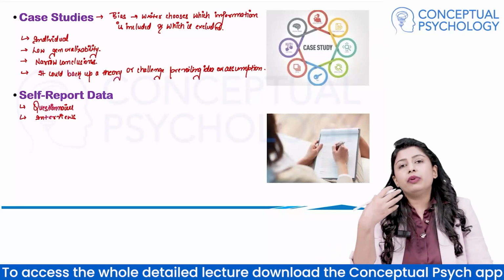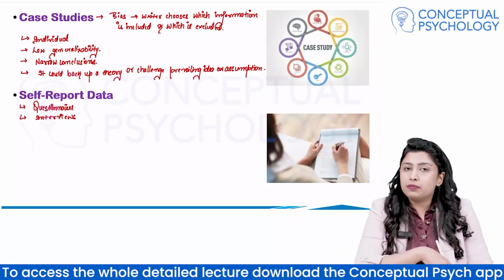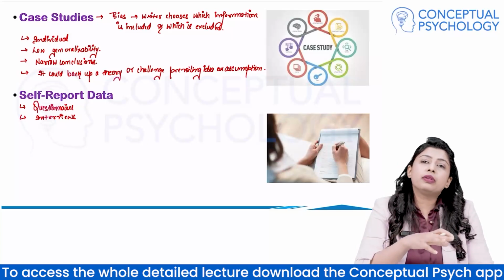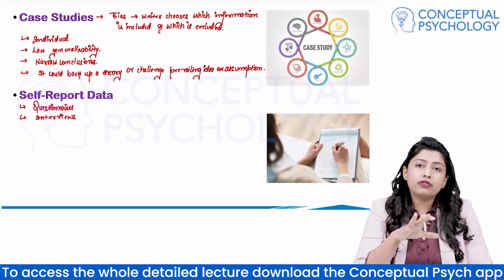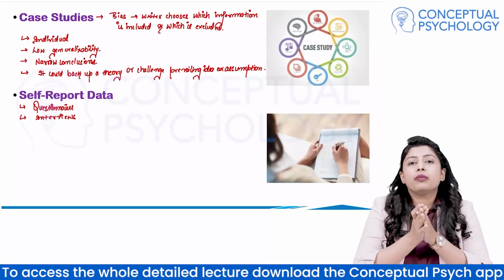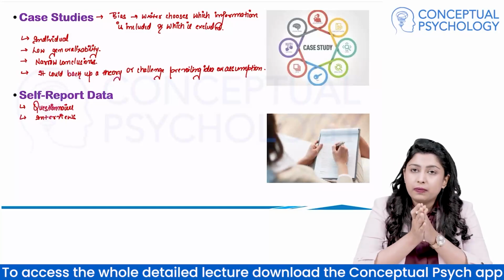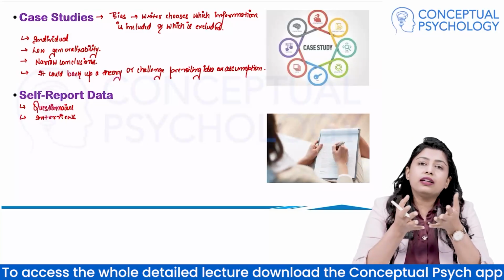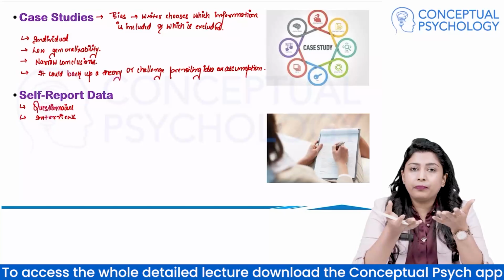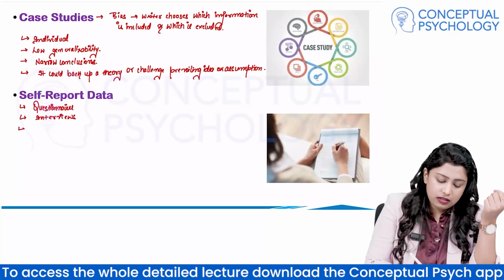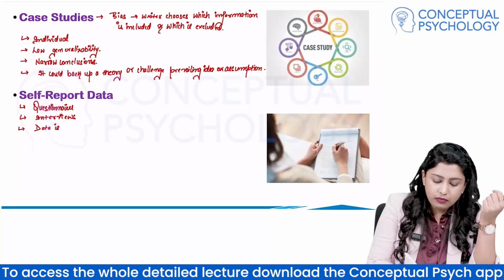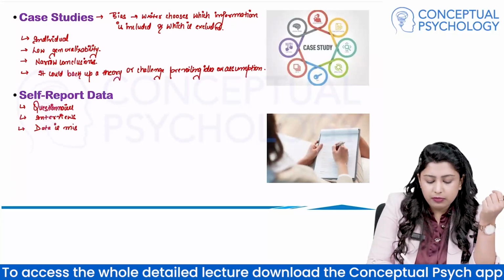So asking people to report on their subjective experiences might appear to be an excellent way to collect information, but this research approach has some limitations. So self report data can sometimes be misleading, right? Here, because the data has been given to you by the person, it could be misleading.